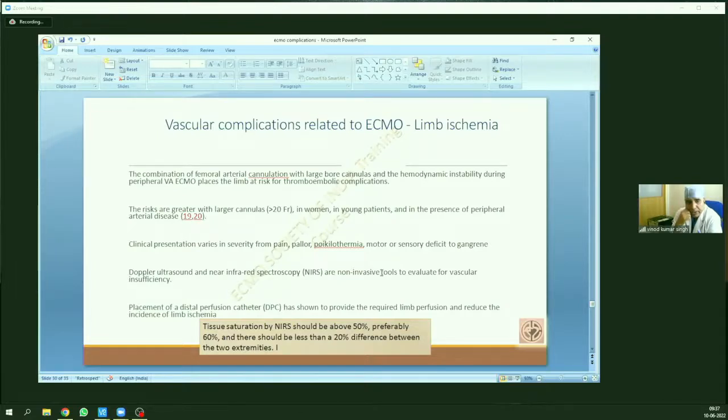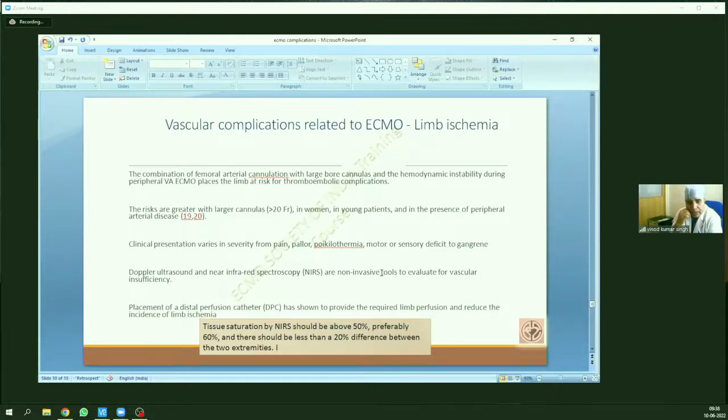The clinical presentation varies in severity from pain to pallor to poikilothermia and motor and sensory deficit. Doppler ultrasound and near infrared spectroscopy, NIRS, is a quite good and sensitive mode for recognizing these complications.